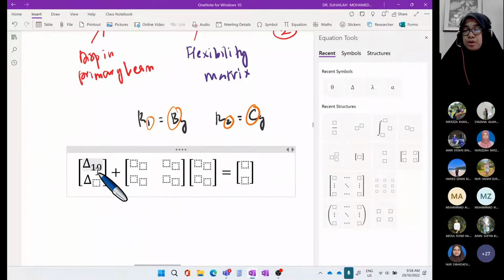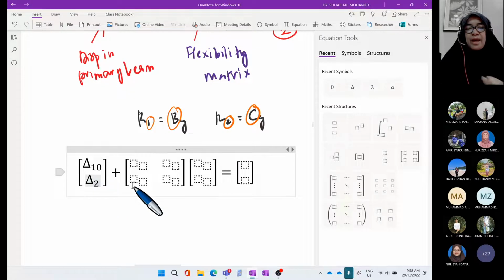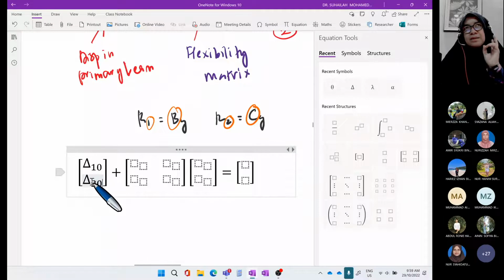Naught is the symbol for the primary system. Line number 2 is for redundant number 2. Instead of using C, we use 2 to show that this is for redundant number 2. And don't forget to put naught. So delta 1 naught and delta 2 naught are the displacement or deflection in the primary beam.